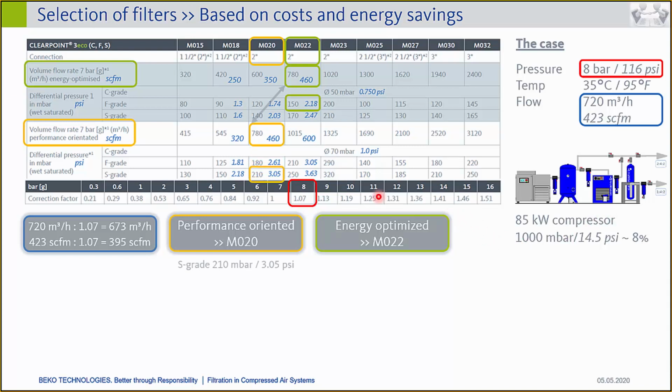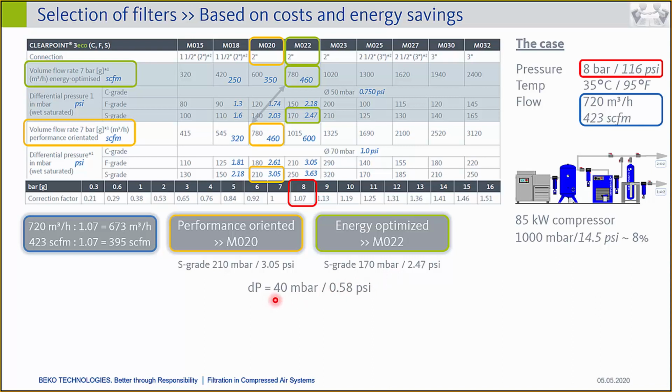At first, the pressure drop here changes from 180 to 210 millibar, or the corresponding 3.05 psi. And the same situation we have here, that the pressure drop will increase from 150 to 170 millibar, or from 2.18 to 2.47 psi. So these are the individual pressure drops from the filter grades, and comparing these, we have an extra 10 millibar.